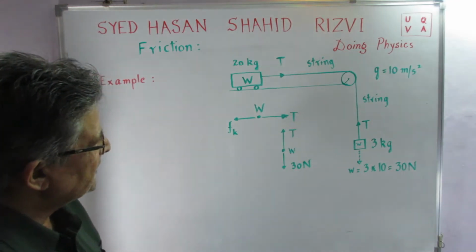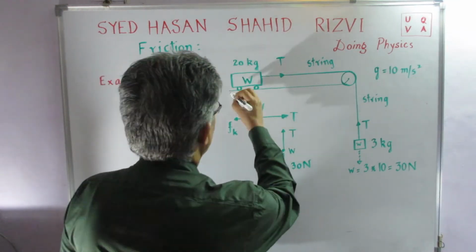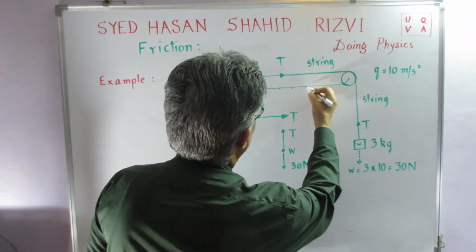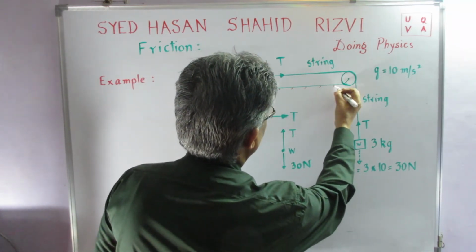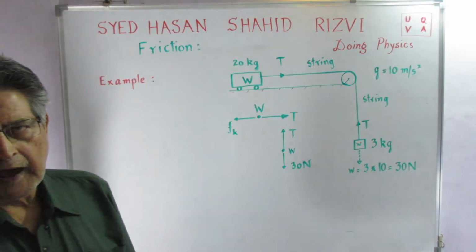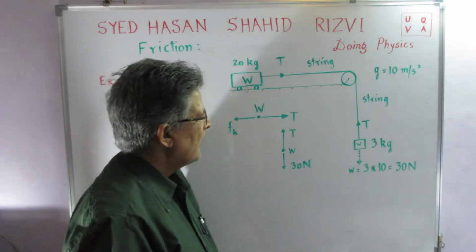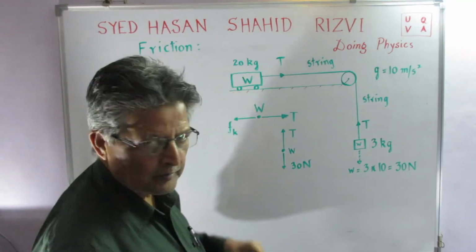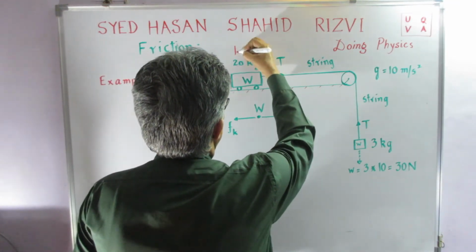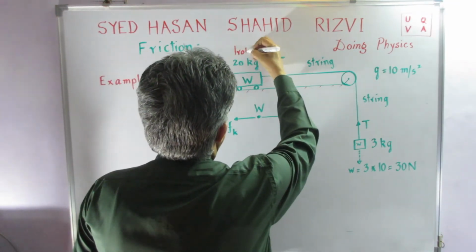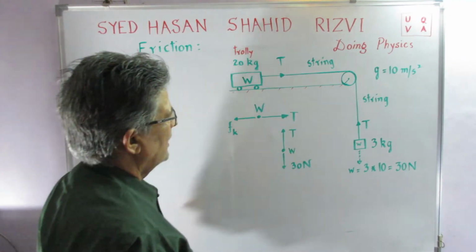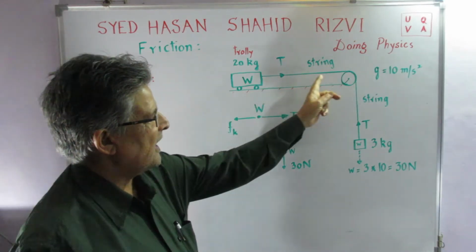I have a rigid surface, a rigid plane, and on this plane I have a trolley, to which a string has been tied.